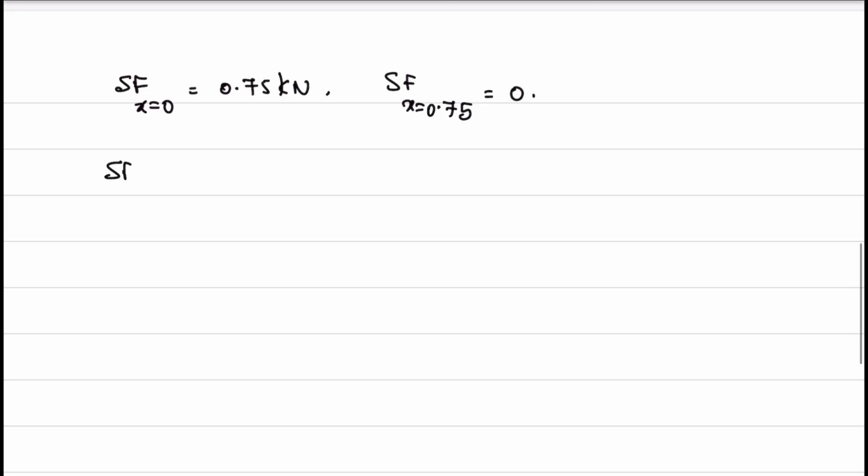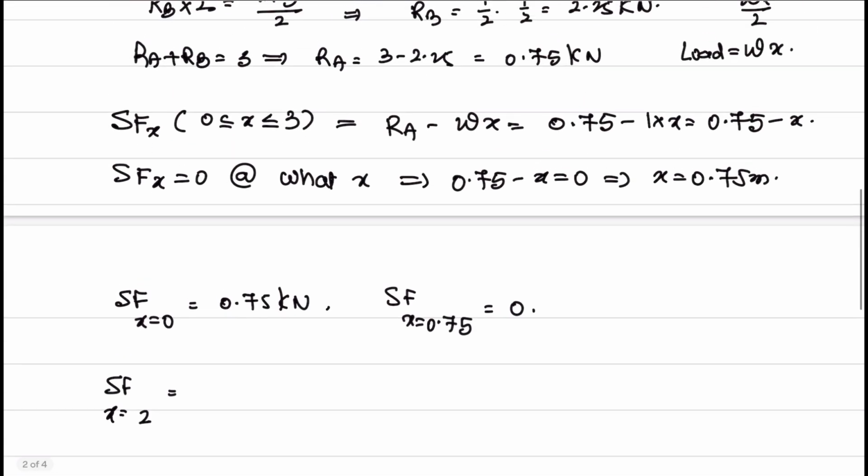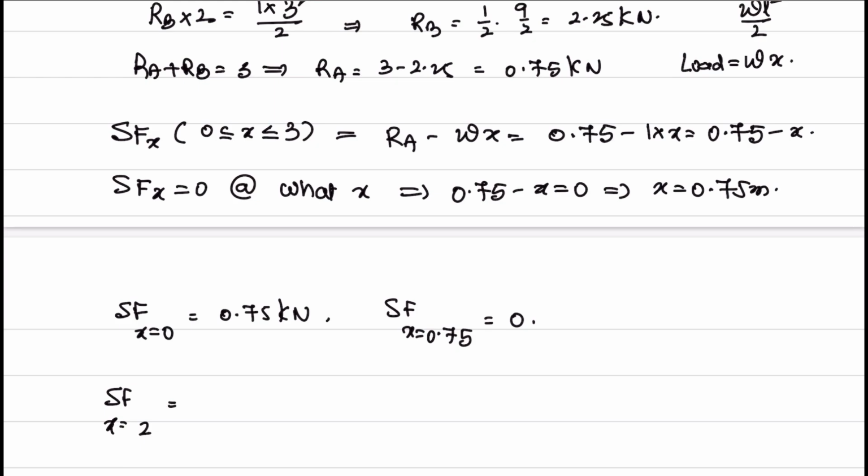Then shear force at x equal to 2. For the first portion, 0 less than or equal to x less than or equal to 2, not 3, sorry, it is 2.